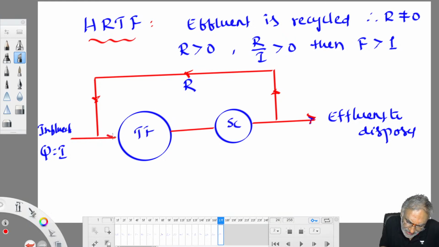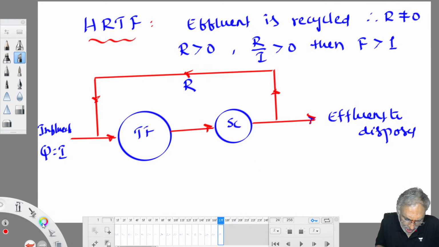The advantage of recirculation is this: if you recirculate, you are mixing high strength waste with treated effluent. After treatment, BOD becomes so low. So this low BOD effluent joined with high strength waste moderates the strength. That is how we can reduce the organic loading applied to the trickling filter. When organic loading is reduced, volume also decreases.